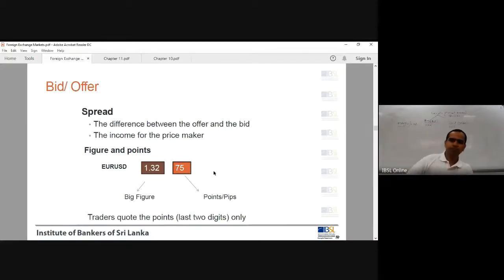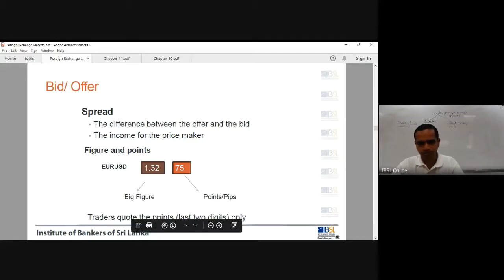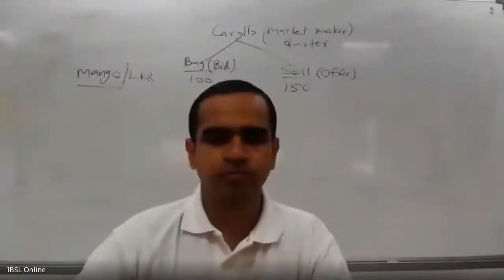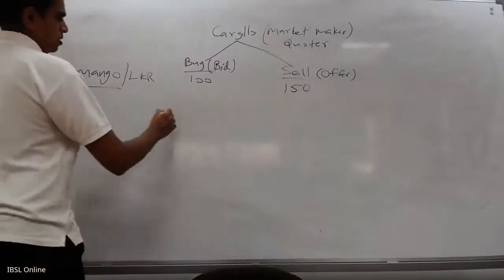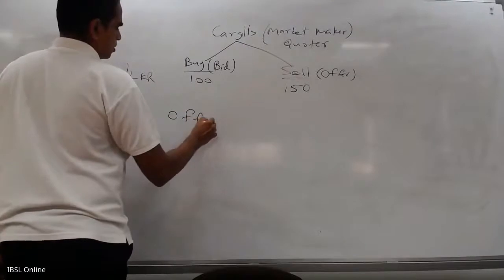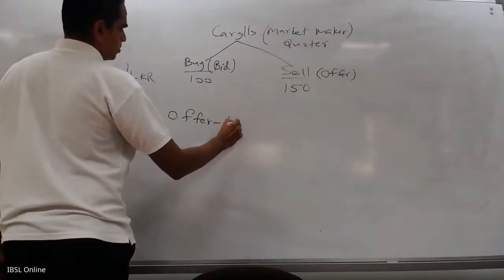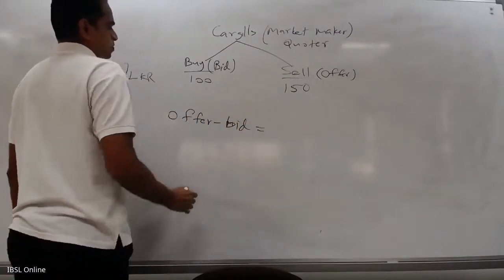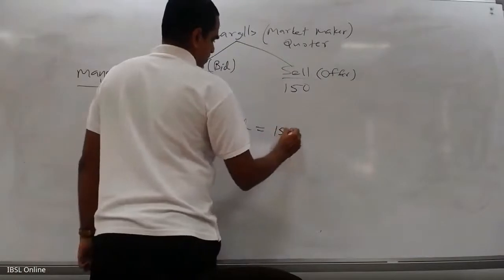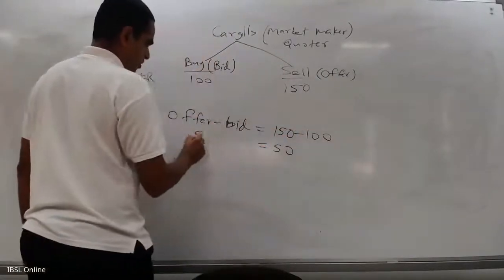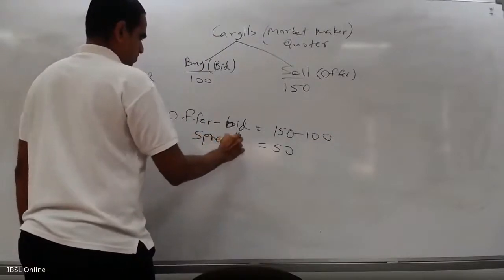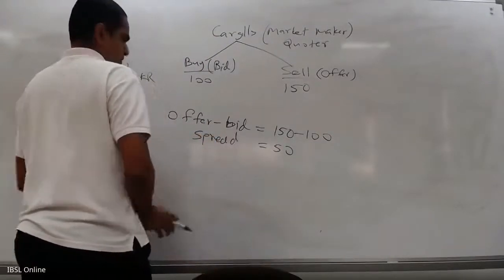And then the difference between bid and offer: the offer minus the bid. So it's 150 minus 100 is 50. This is called the spread. Spread is 50.